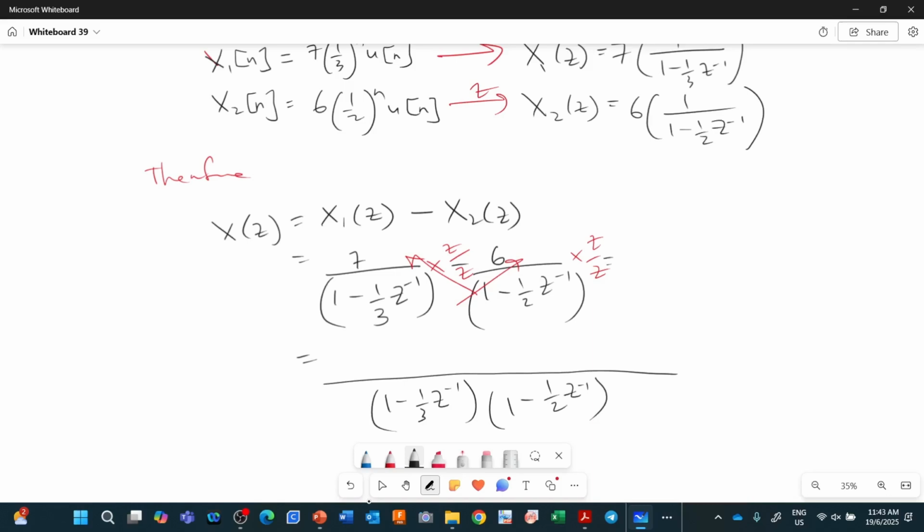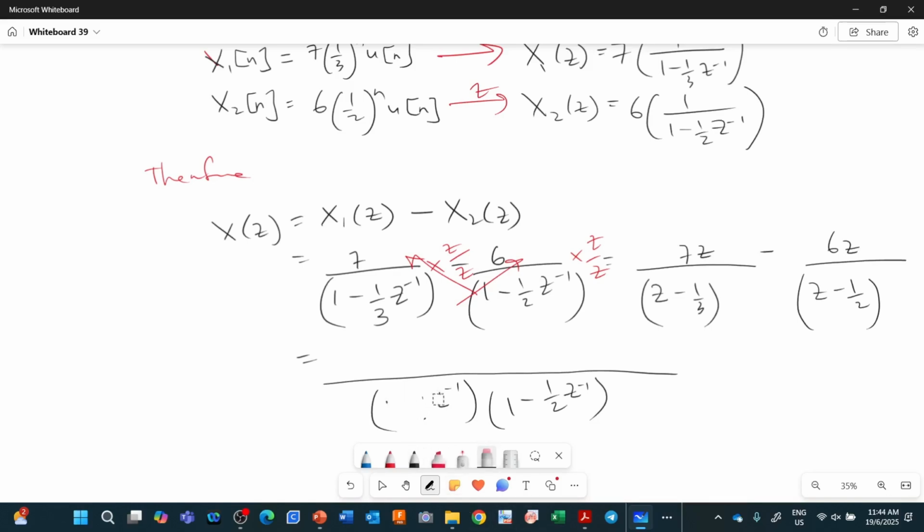So what do you get? 7z over z minus 1 over 3, minus 6z over z minus 1 over 2. Then only cross multiply.